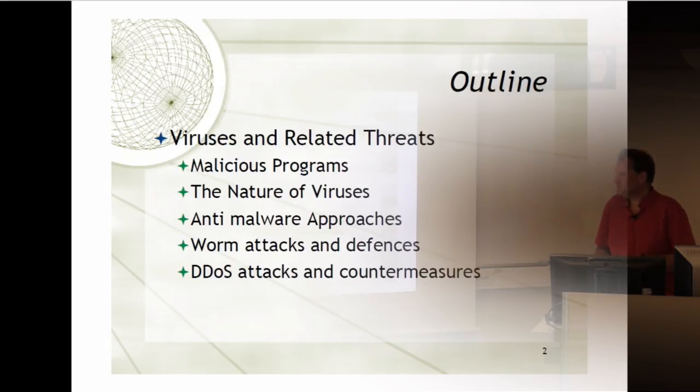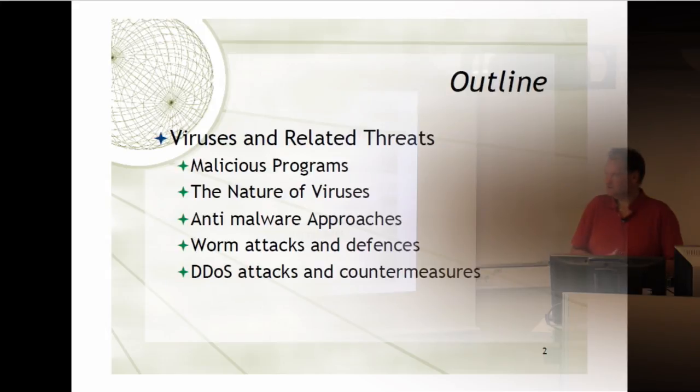We'll talk about different types of malicious programs, and specifically we'll look a little bit more closely at viruses and worms, but we'll also look at different ideas about attack vectors. Malware often consists of some way to spread itself, and then another thing, it has some type of payload.